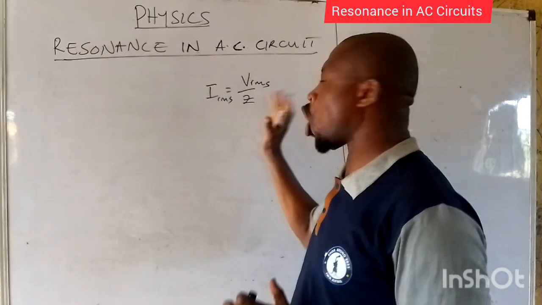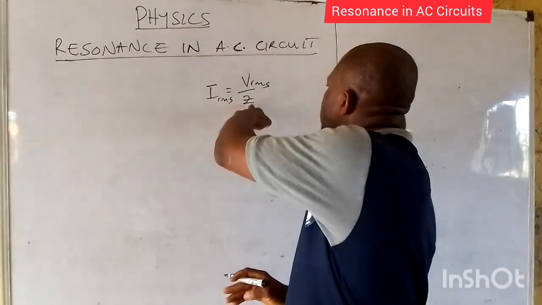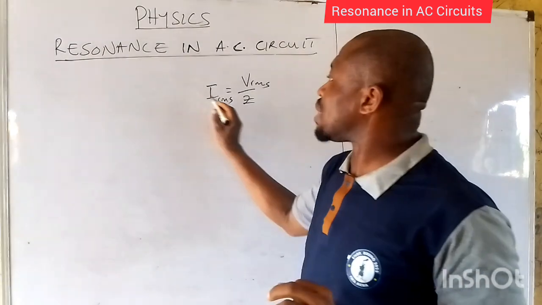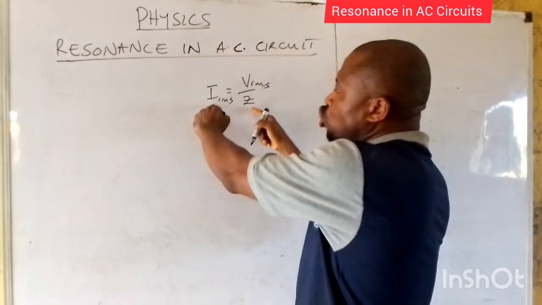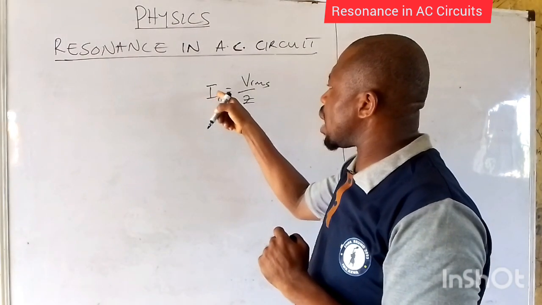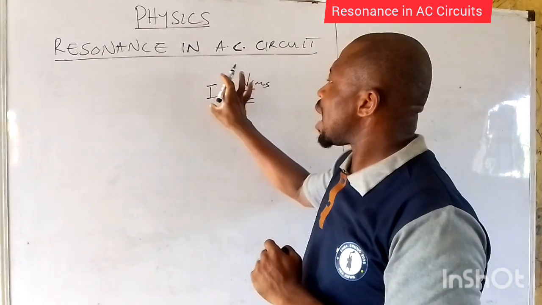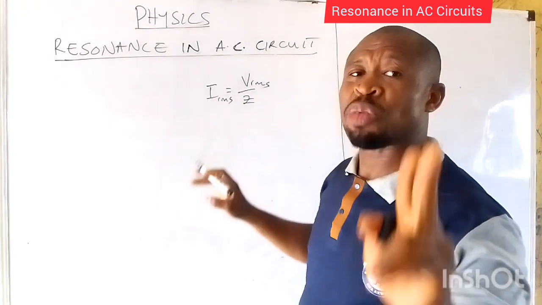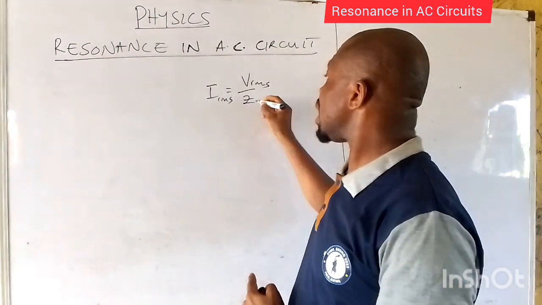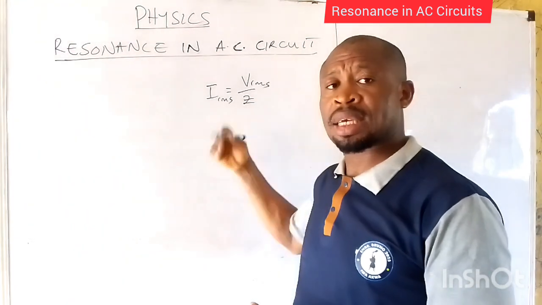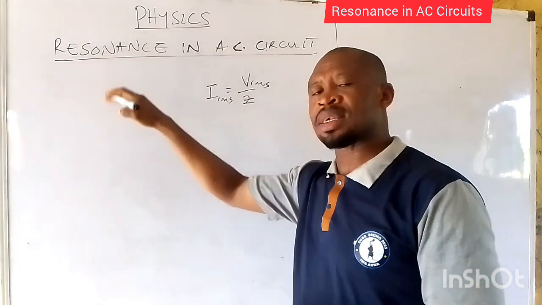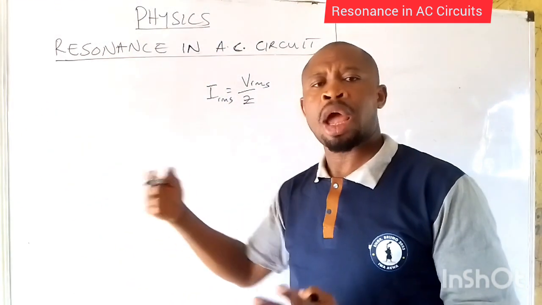Now, this is your impedance. Since we have our impedance here, these two must come into play. For there to be resonance, the current obtained must be maximum. Then, if you want to use the impedance, the impedance obtained in an AC circuit must be minimum for you to see that resonance has occurred.